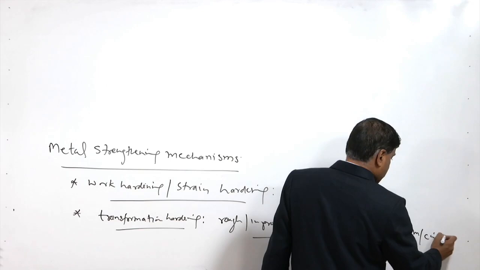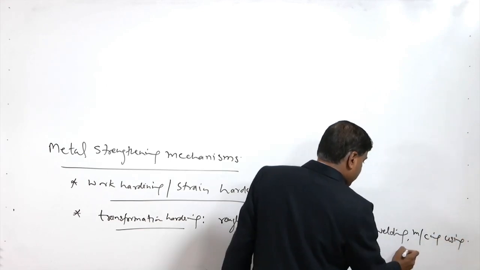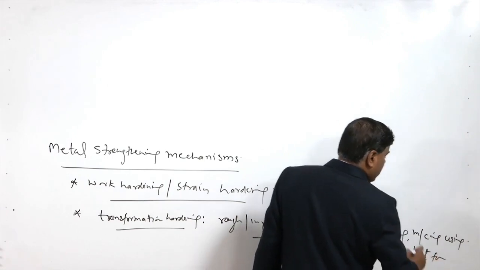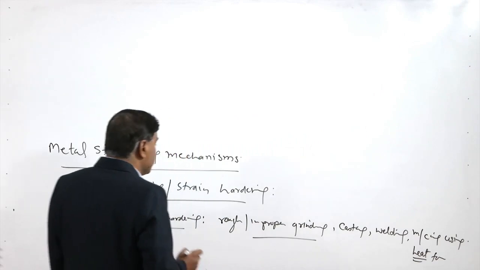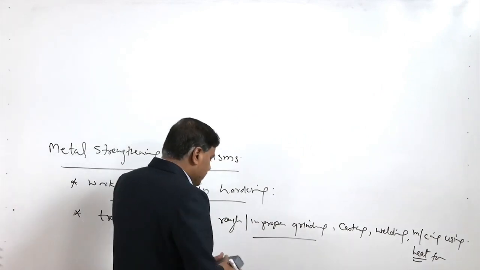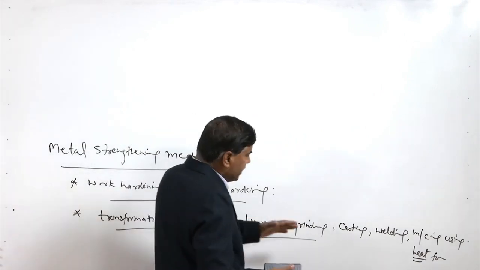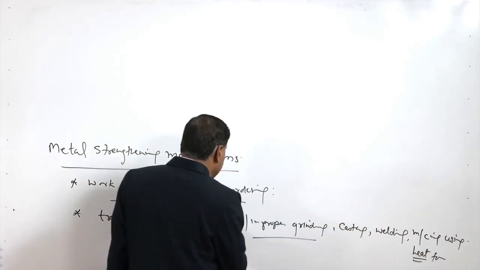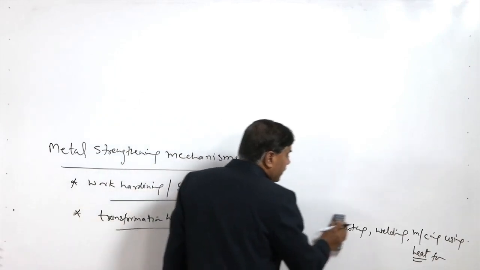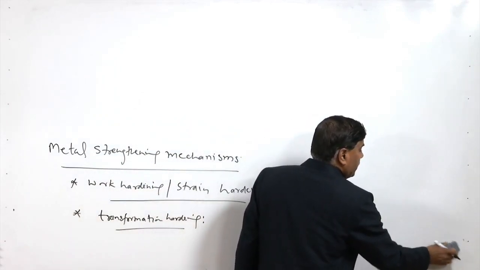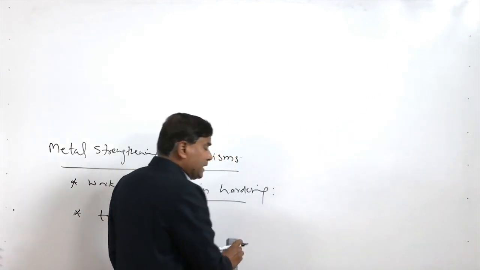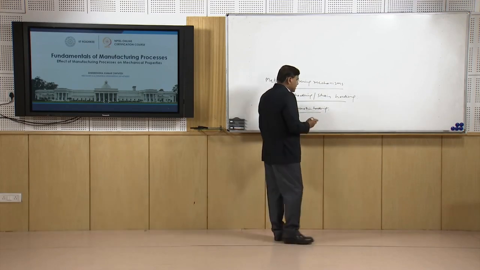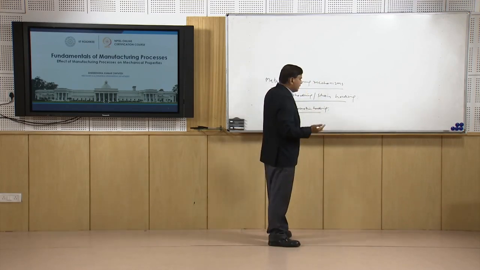So, in all these cases, whenever the manufacturing conditions like grinding, casting, welding or machining are such that after heating to the high temperature, where austenitization of the steel takes place, followed by the rapid cooling, in that case the transformation hardening occurs.